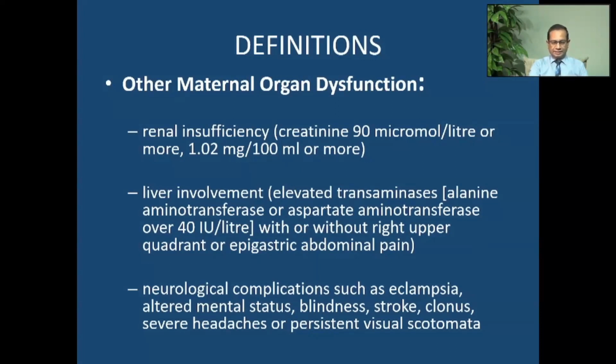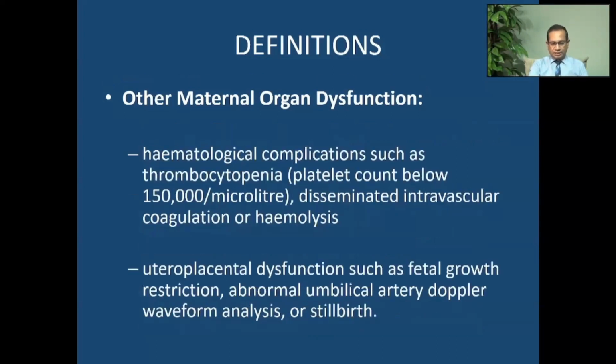Neurological complications such as eclampsia, altered mental status, blindness, stroke, clonus, severe headache, or persistent visual scotoma. Hematological complications such as thrombocytopenia, that is platelet count below 150,000 per microliter, disseminated intravascular coagulation, that's DIC, or evidence of hemolysis.